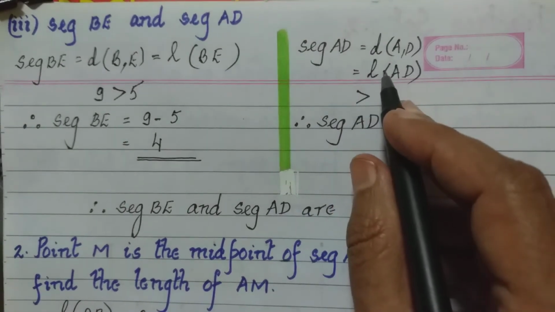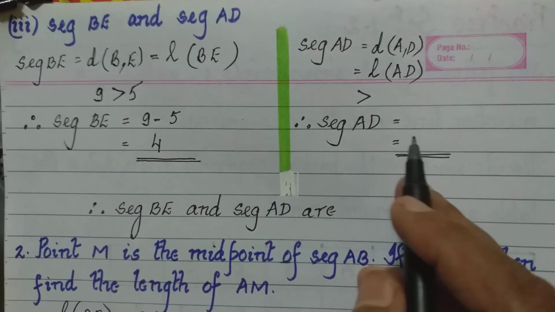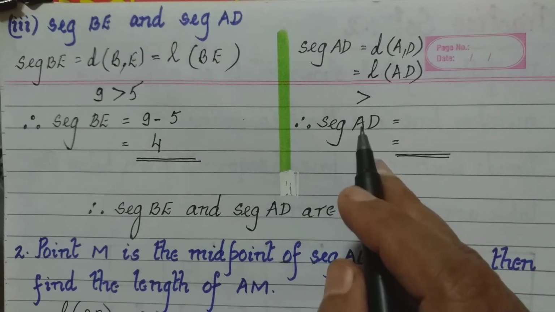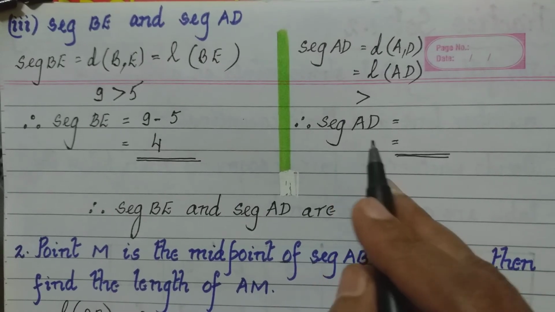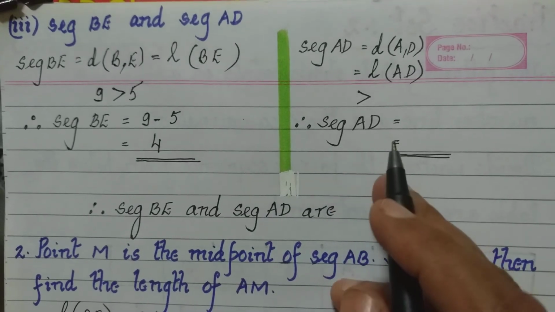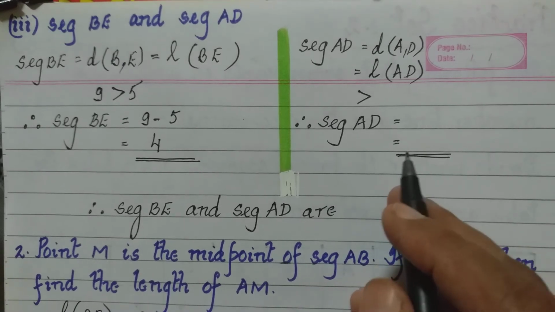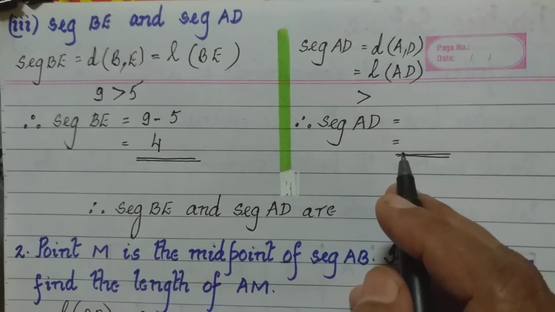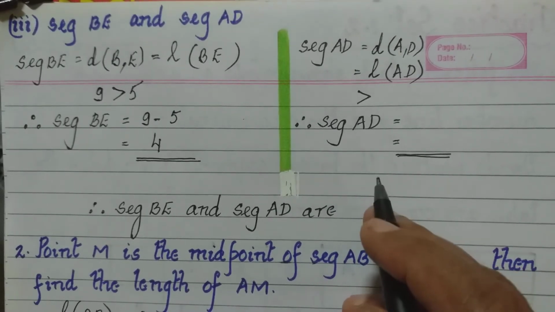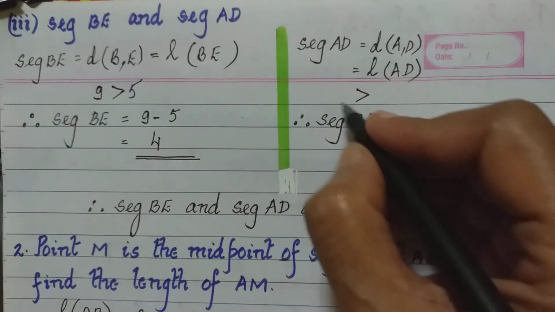Further going to segment AD. I have to find the coordinates of A and D. A is minus 3, D is minus 7. Both are negative. So minus 3 and minus 7. Minus 3 is greater than minus 7 because when both the numbers are negative, the smaller number with the negative sign is greater than the bigger number with the negative sign.